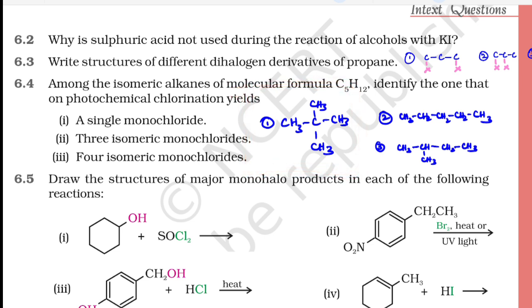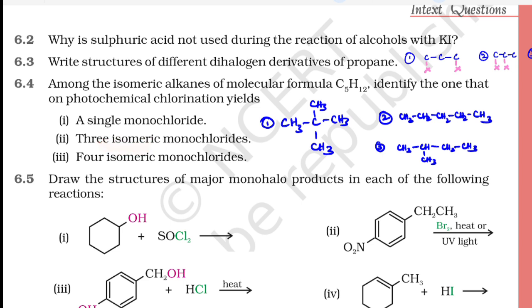Here hydrogens are attached to this carbon, so this carbon is primary carbon. Even here hydrogens are attached to this carbon and this carbon is primary. Even this is primary carbon, this is primary carbon. So all the primary carbons are attached to this carbon. So all the hydrogen atoms here are equivalent in nature. Therefore, it will give a single monochloride. So the answer for the first one will be this.